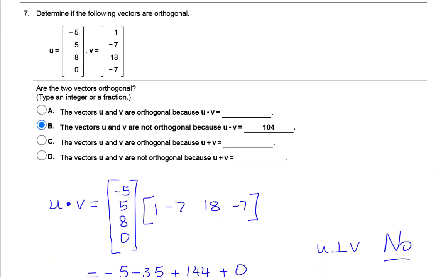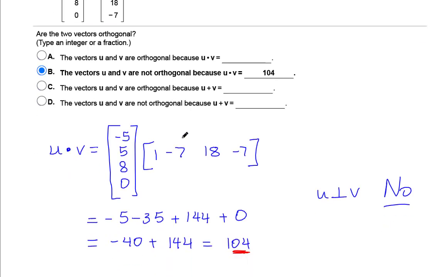Alright, question 7. Question 7 gets a bit larger here. Same deal, we're looking for the dot product, and so you can grind through multiplying term by term. The dot product turns out to be 104, and so no, they are not perpendicular or orthogonal.